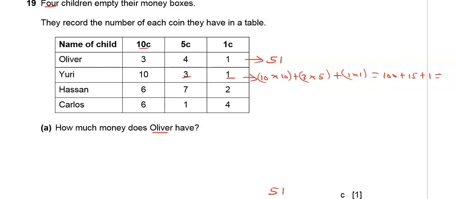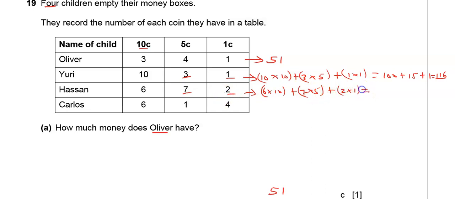So this Yuri person has got 116 coins, 116 coins.